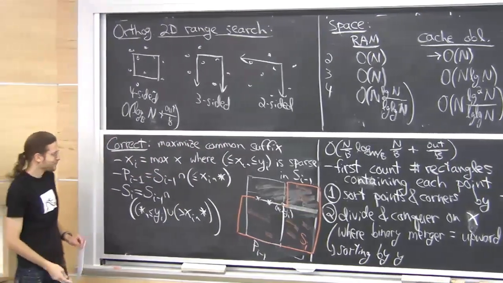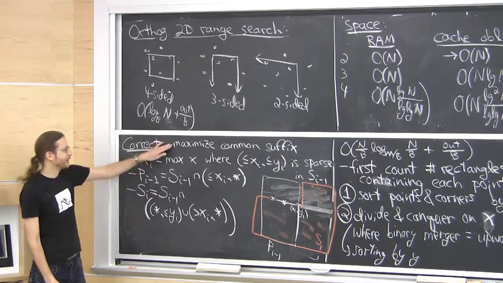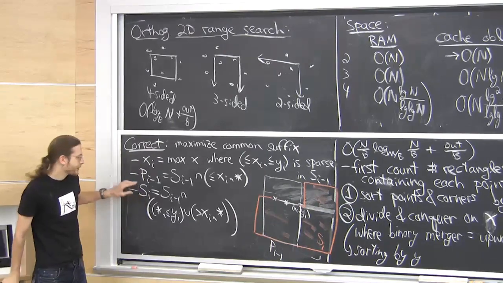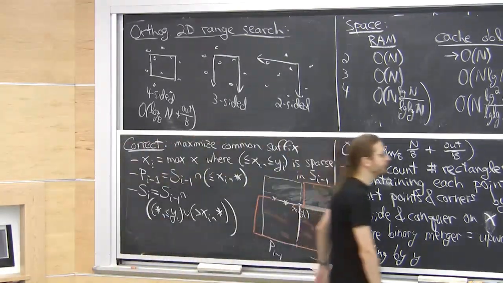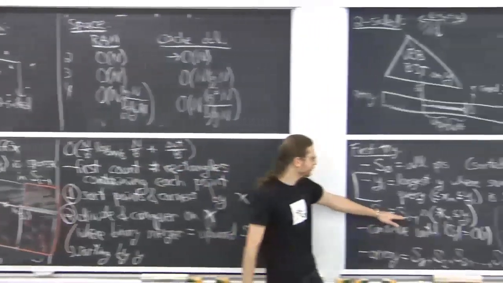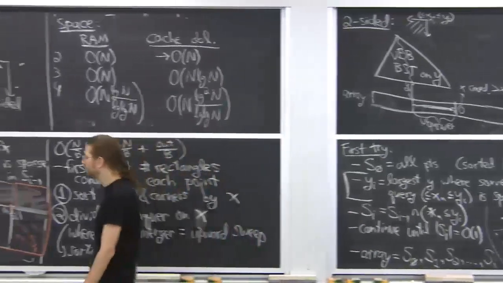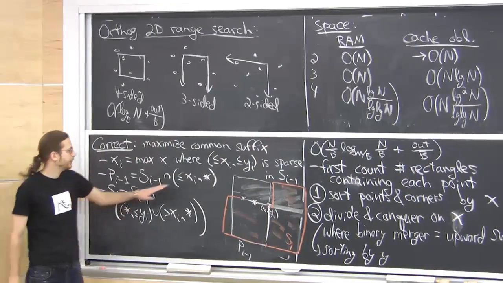Okay, we'll see why eventually this works. I still don't know what maximized common suffix means, but we'll get there. So we're looking at the points below the line. That's what we did before. We used to say SI is just the intersection with less than or equal to YI. But things are just a little bit messier because of this restriction.